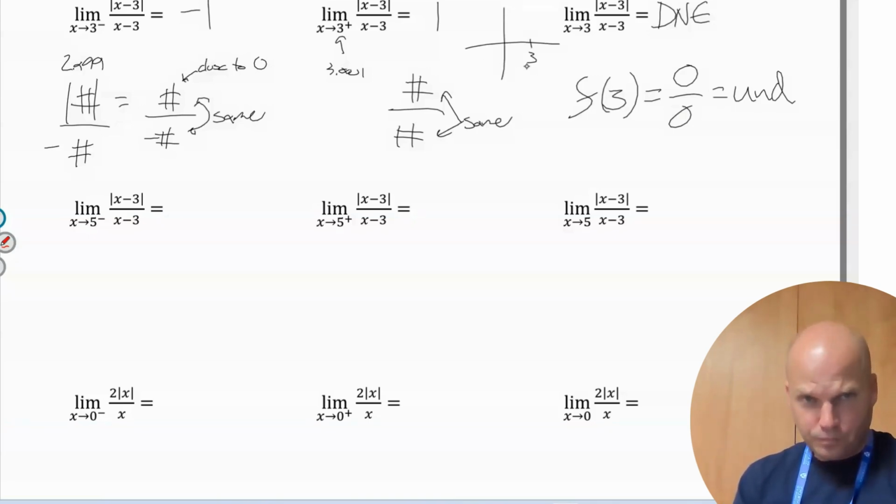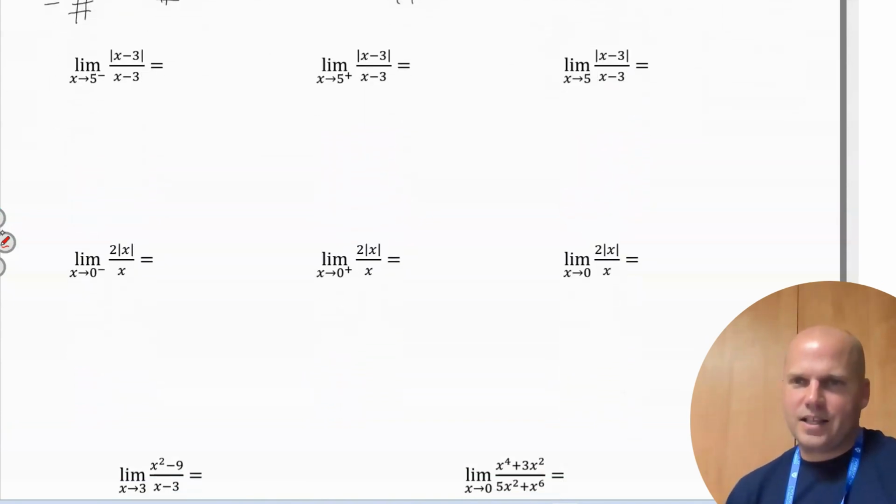At 3, we don't have a point. However, we're approaching -1 everywhere to the left of 3 and +1 to the right of 3. Like this one, I'm trying to trick you, but hopefully you won't get tricked. If you plug in 5, you get +1.